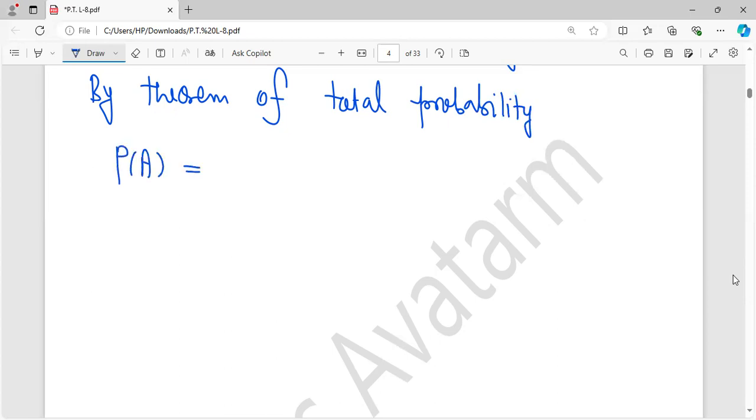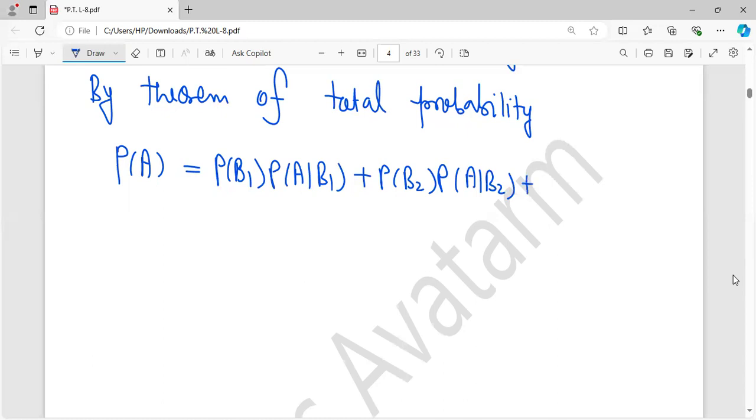It is given that P of A is P B1 times probability A relative to B1, plus P B2 times probability A relative to B2, plus P B3 times probability A relative to B3.